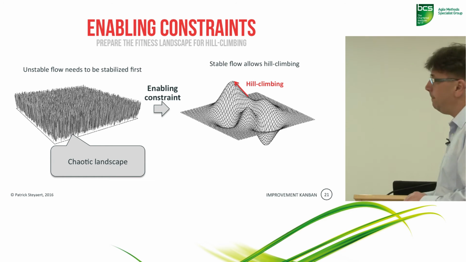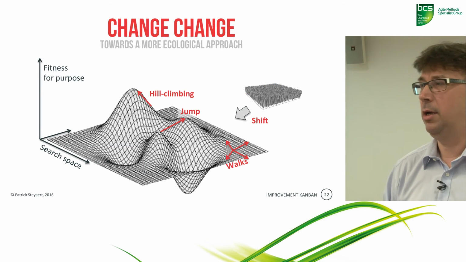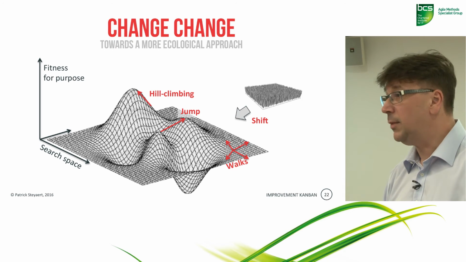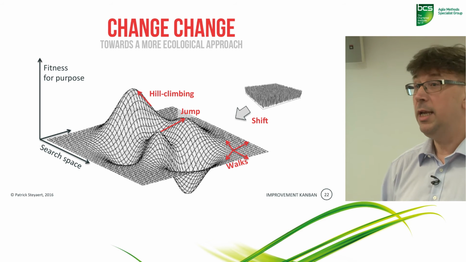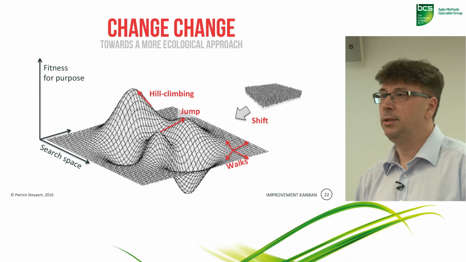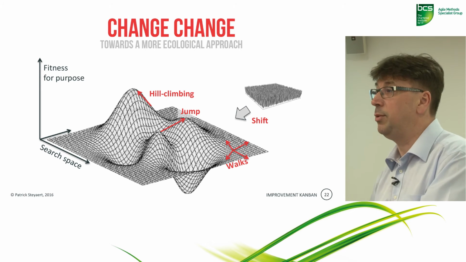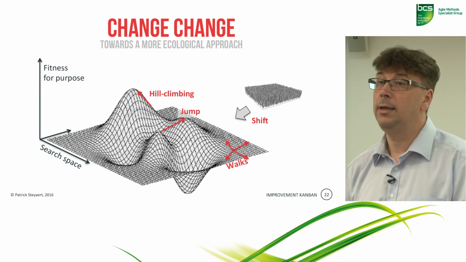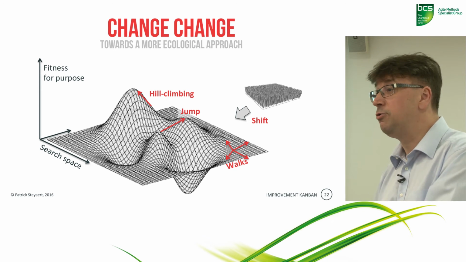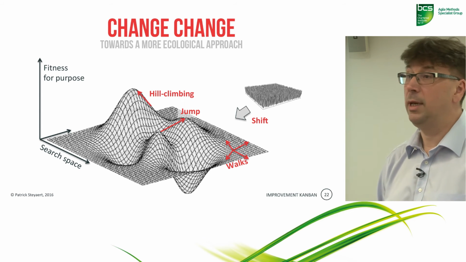So this brings me to a central idea. Each of these constraints, each of these types of change, has a function, a certain role to play in the landscape. Enabling constraints have a role to play in terms of stabilizing the landscape.